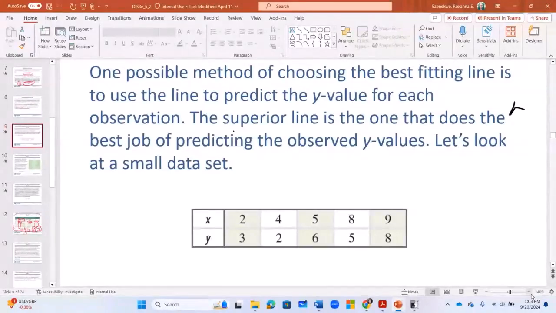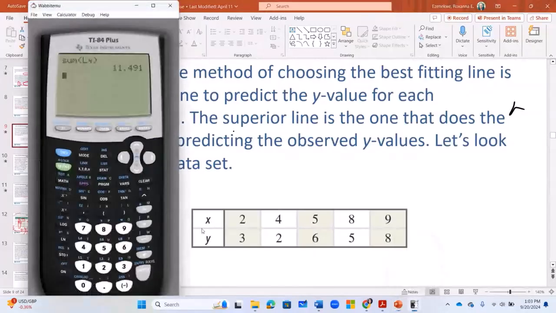So what I'm going to do is pull my calculator and then clear, go to start, and clear every list that I'm not using. So I'm going to clear list 4, clear L3, I'm not using it, clear L2, I'm not using it.